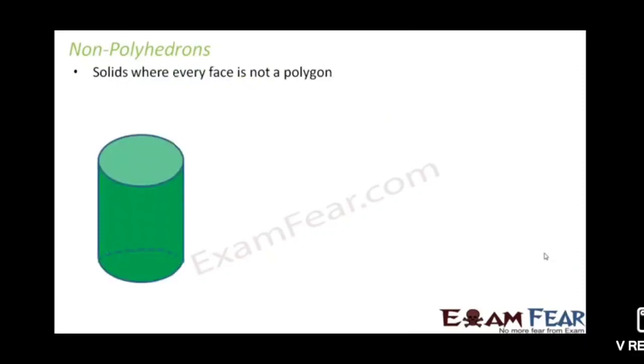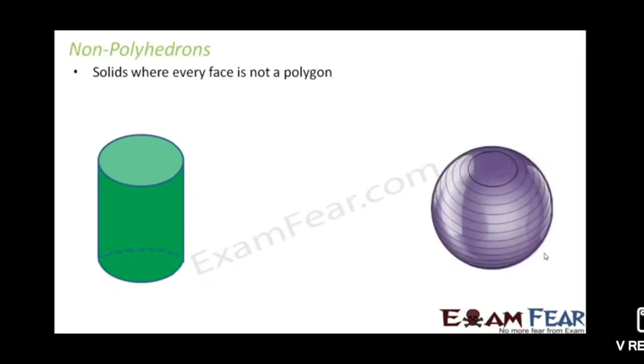Now see the non-polyhedrons. That means solids where every face is not a polygon. If a figure has no polygon faces, those figures are called non-polyhedrons. Now see the cylinder, the cylindrical shape, and the sphere. Sphere and cylinder are not polyhedrons.